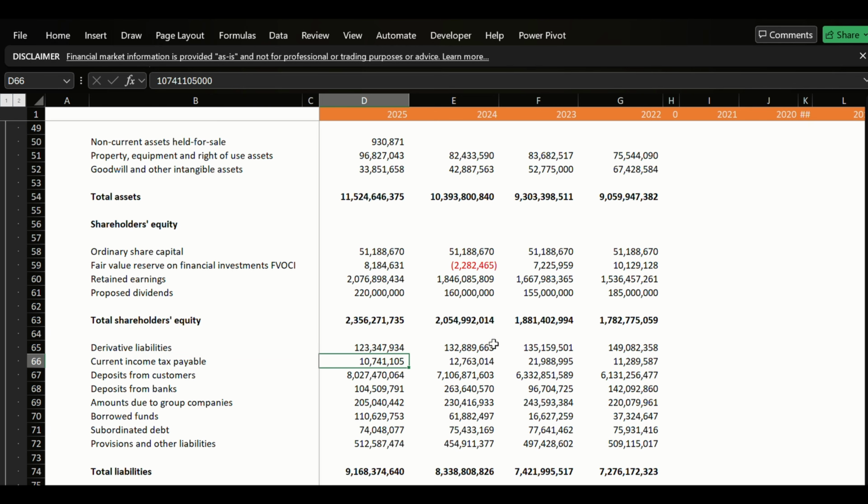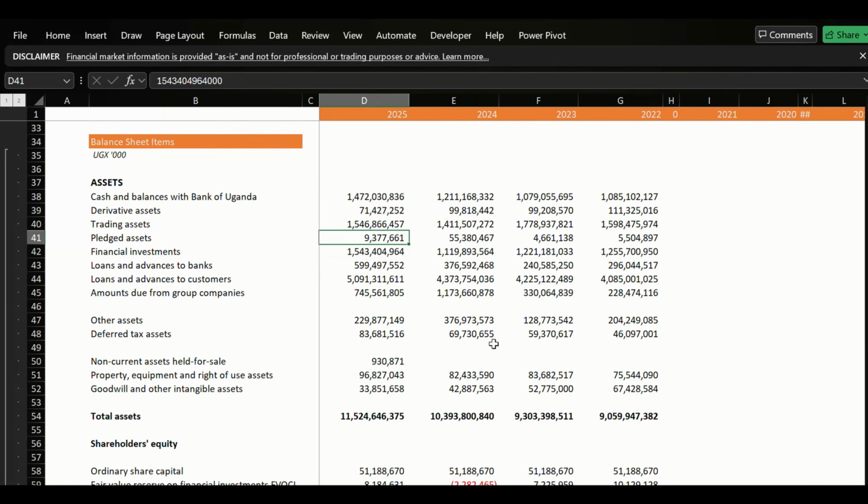Okay, I think it's on this and this. Financial investments, I don't know, pledged trading assets held for a year. I'm not too sure. I have to go back and read the financial statements again. You have to give me a moment. Advances, amounts due are the deferred taxes.